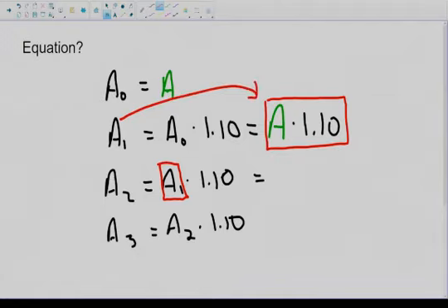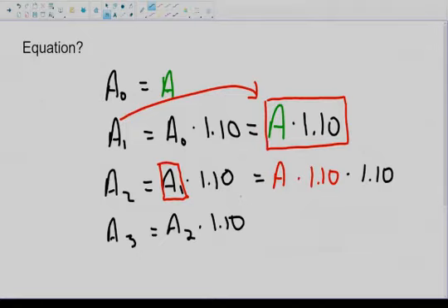So replace the red box by A times 1.10. Well, the red box isn't the only thing in that line. We also have 1.10 multiplying to that. And if you do or did your independent study, they talk a little bit about recursion in your independent study, and here it is coming back again.